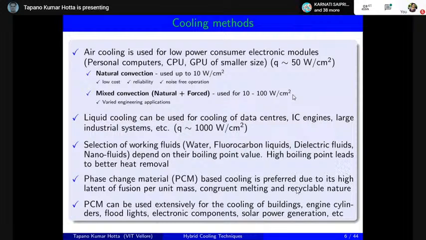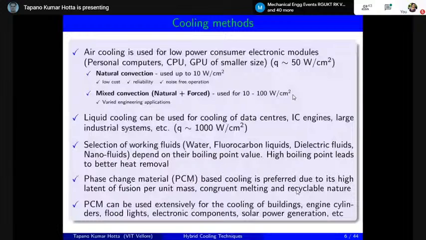Moreover, one more beauty is that it is recyclable in nature. You are not going to throw the PCM out after use, because there is a conversion from liquid to solid, solid to liquid, so it can be recycled. It has huge applications: building cooling, cylinder cooling, floodlight cooling, electronic equipment cooling. These are some of the applications where PCM is extensively used.